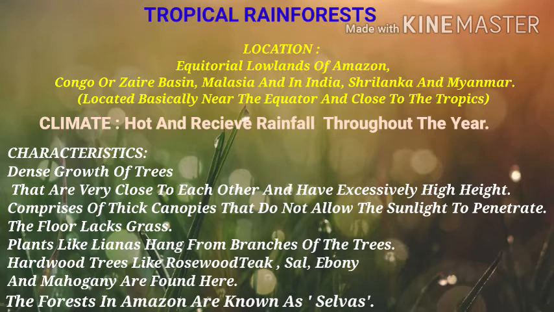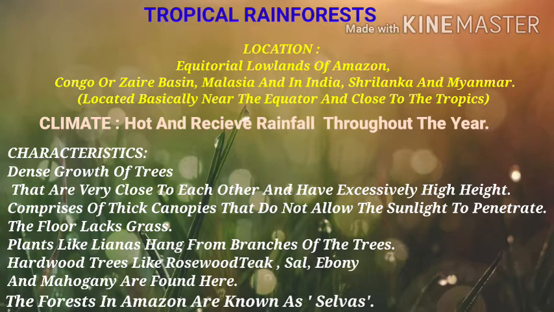They can also be found in the tropical monsoon lands of areas with very heavy rainfall, which include India, Sri Lanka, and Myanmar. Children, in Amazon lowlands, the forests are so dense and extravagant that a special term, selvas, is used to describe them.